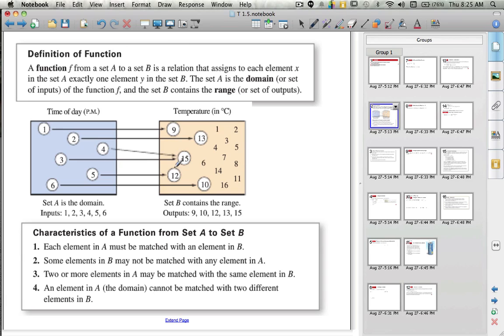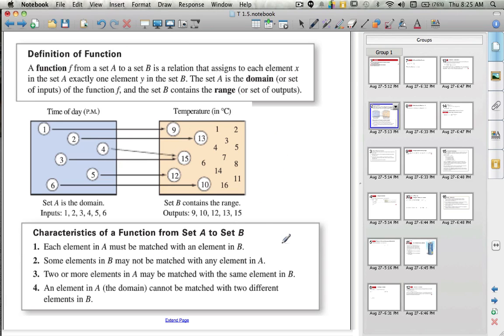And the output variable is also called the dependent variable, because it depends on what the value of the input variable was. The independent variable is independent because your choice is free in terms of choosing inputs. And then the output is called the dependent variable because its value depends on what the input was.